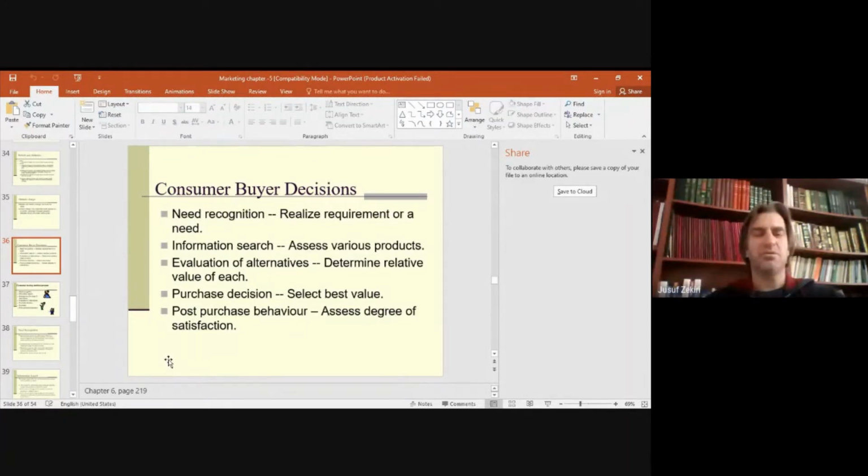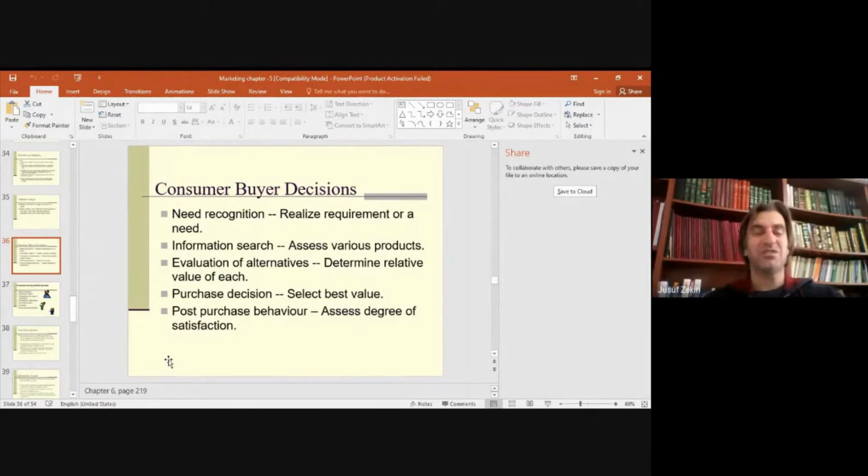So we as consumers realize that we have a need for something, whether it be food, transport, drink, education, holiday, etc. And when there is a need, for example for food, inside of us there is some tension.